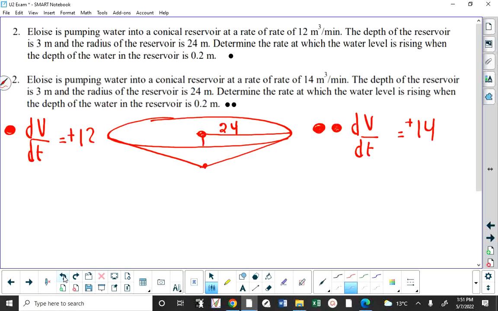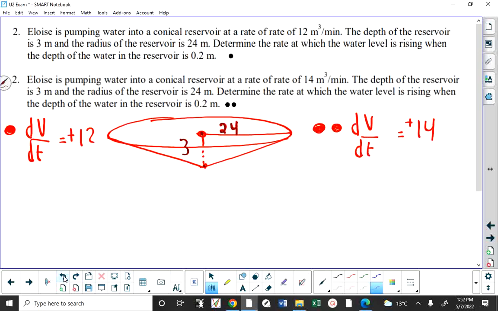Clearly this is not drawn to scale, but this is 24, and this distance is 3 meters from this point to this point. I'm not going to attempt to draw in a three-dimensional piece of water in there, but what you need to understand is no matter how full or empty the reservoir is, the ratio of the radius of water to the depth of the water is going to be the same as the ratio of 24 to 3.